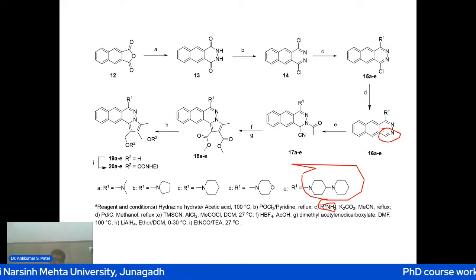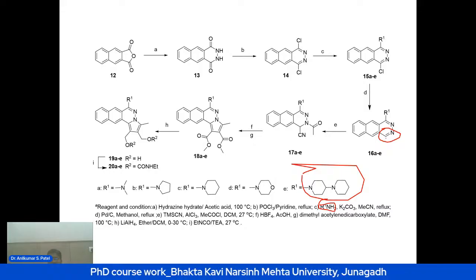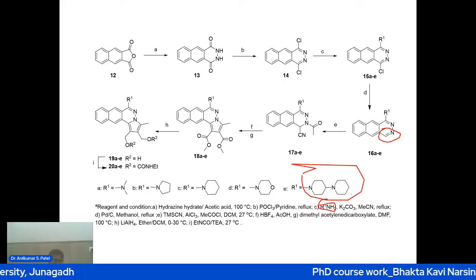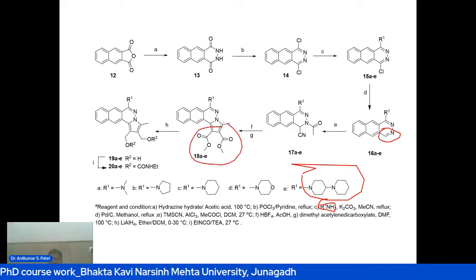Then we treated compound 16 with HBF4 in acetic acid to give the HBF4 salt, which can work as a starting material for Diels-Alder reactions. That can be the diene, and the dienophile is dimethyl acetylenedicarboxylate, DMAD, which can be reacted to produce the esters.